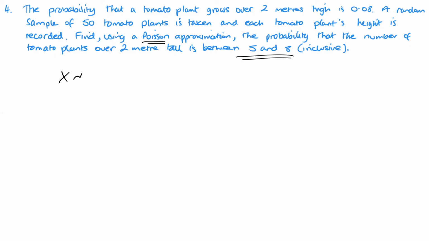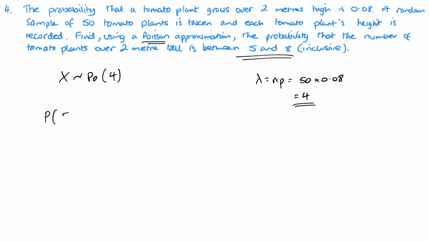So let's first write down our distribution. We've got lambda is np, which is 50 times 0.08, and that gives me lambda is 4. Remember, you want this value to be less than or equal to 10. Now we've got that, we can find our probability.